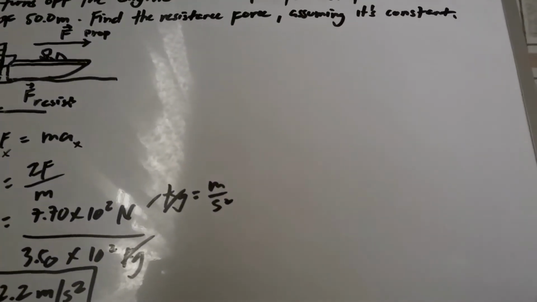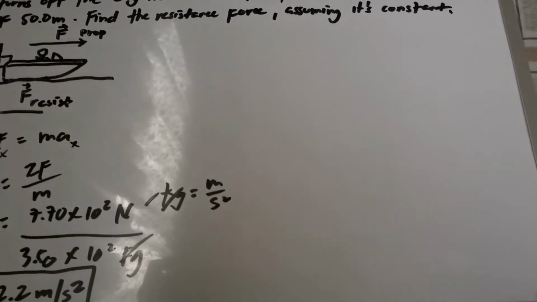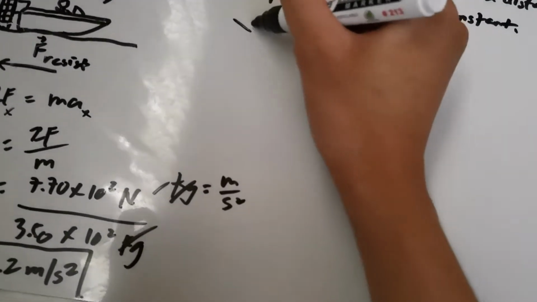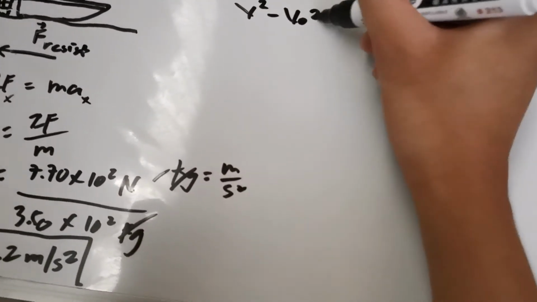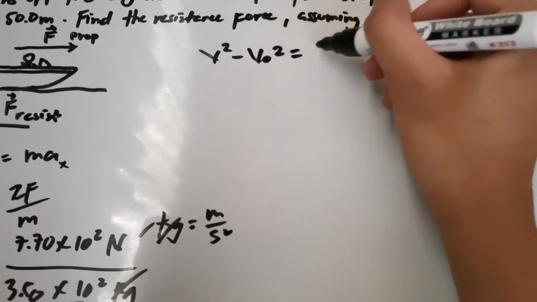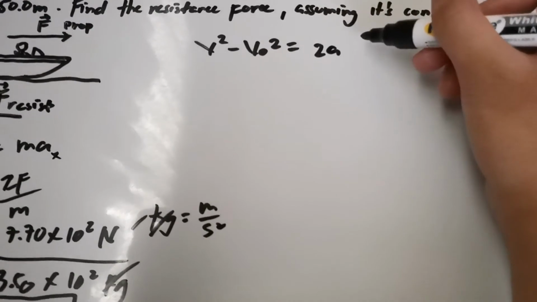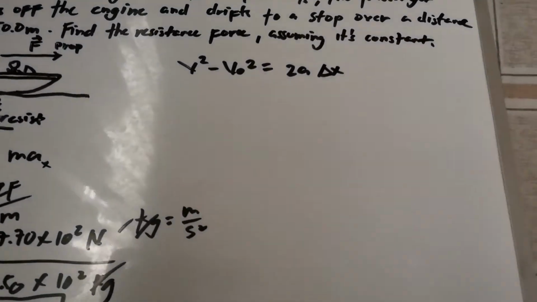Now, letter B. The equation we will use is from kinematics: v squared minus v sub o squared is equal to 2 times acceleration times delta x, or change in position.